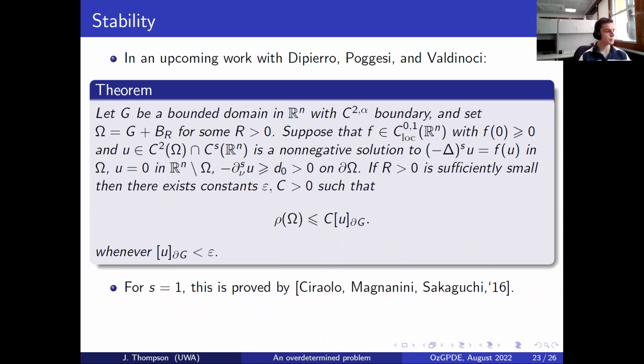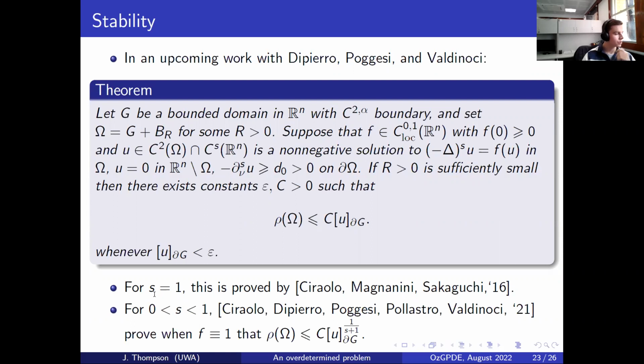So there has been work on this problem in the past. In the case S equals 1, this was actually proved by Ciraulo, Magnini, and Sakaguchi in 2016. And for the fractional Laplacian, this was looked at by Ciraulo, Dipierro, Poggesi, Pilastro, and Valdinoci in 2021. And they considered the case that f is equal to 1. So this is the torsion problem.